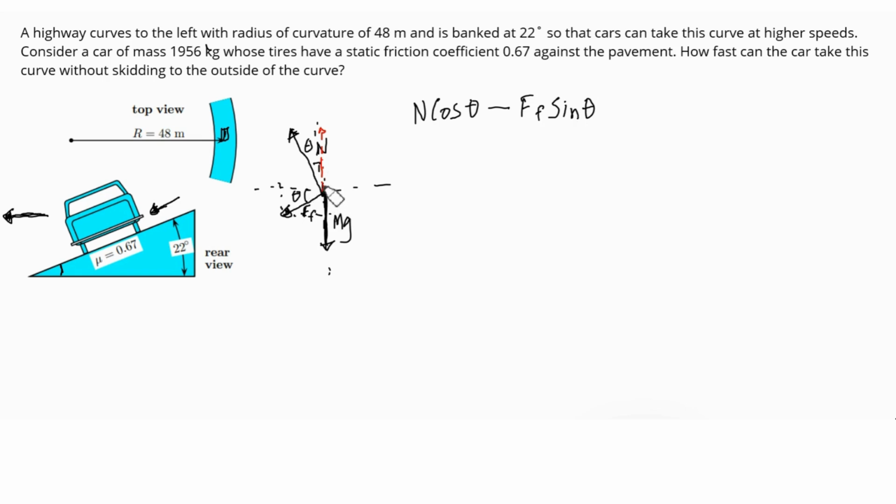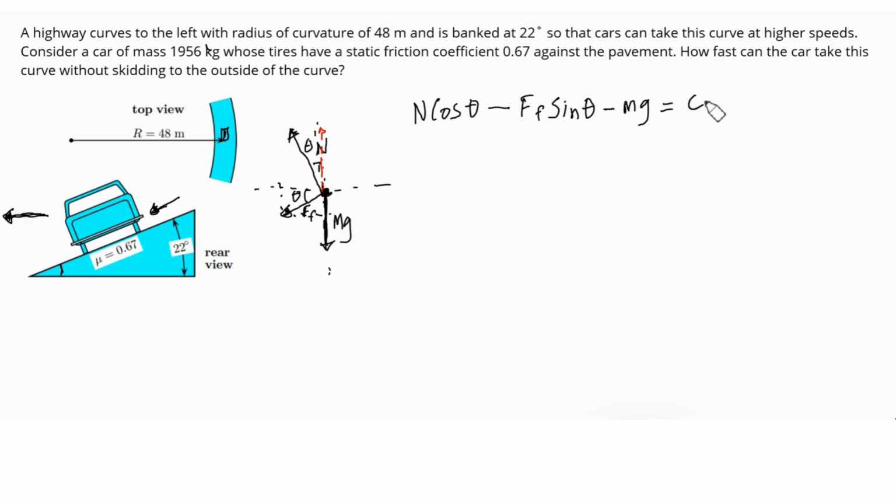And so again, the sum of all my forces in the vertical direction has to be zero. And so I have n cosine theta acting upwards. And then I have this acting downwards. And I also have gravity acting downwards.